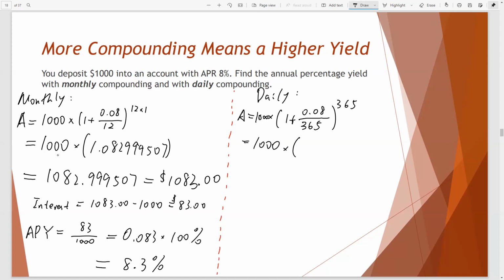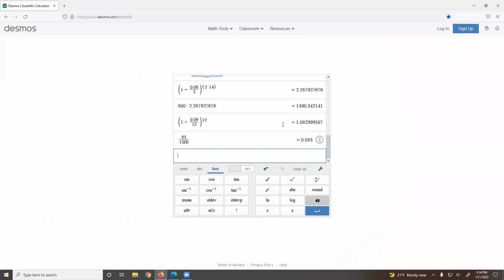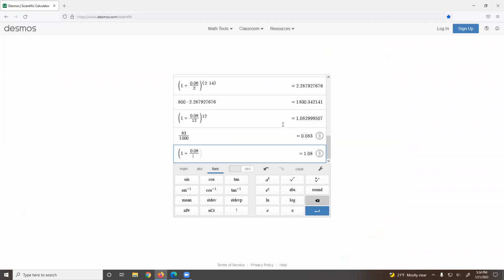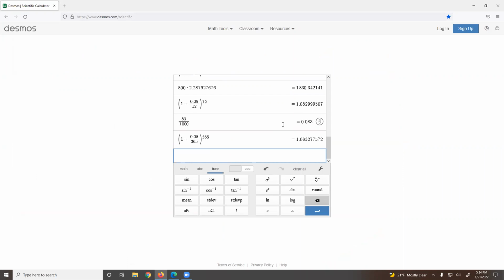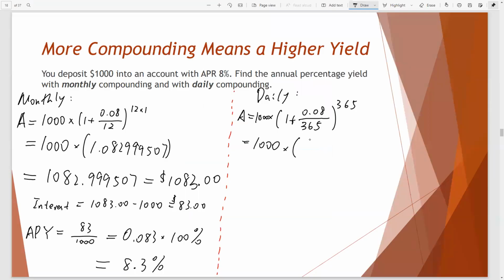And this number looks messy, but when we calculate it, it's more or less the same idea. 1 plus 0.08 divided by 365, raised to the power of 365. It's the same 1.08, but afterwards it's different.